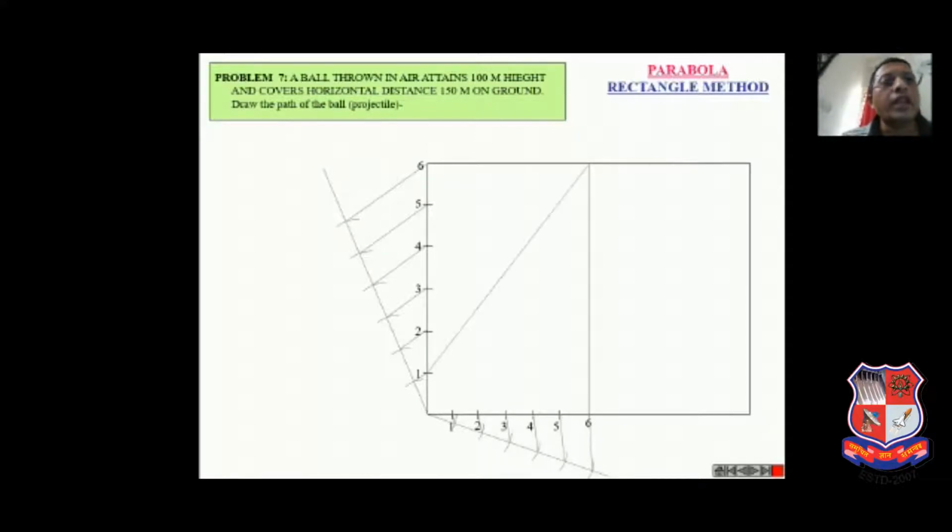Then we consider first point on vertical line and join this point to the top center point of this rectangle, and from point 1 on the horizontal line we will draw one vertical line which intersects this inclined line.